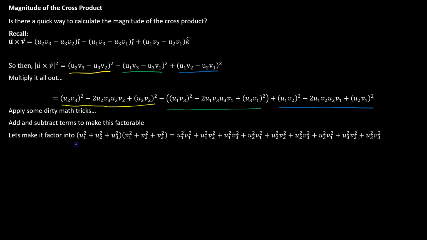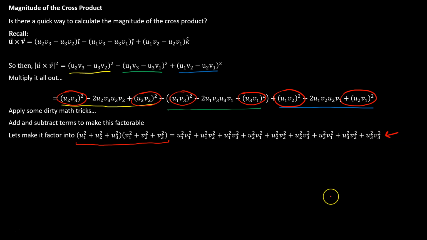And notice that in the factored form, we have the product of what almost looks like the magnitude of a vector squared, or a vector dotted with itself, times another one. What we actually are going to try and mimic is the right side of this equation. What I mean is, take a look here. We already have some of these terms. These are all terms that appear in the multiplied out version of that factored expression that we're going for.